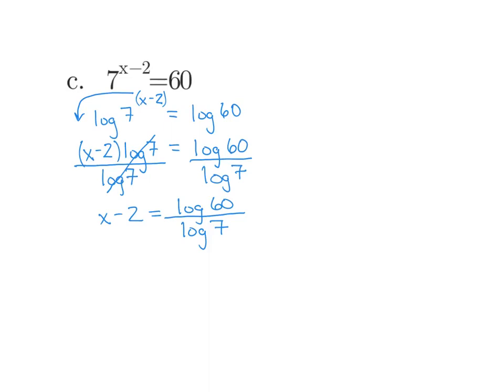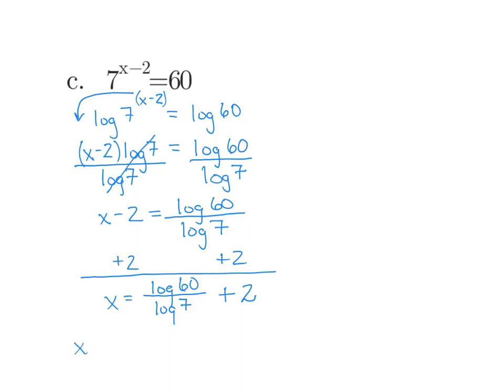From here, if you want to compute this first before continuing, you can do that. But I'm going to go ahead and just add 2 so that I have my exact answer. And it does look nasty. We get x equals log of 60 over log of 7, all of that plus 2. When we input this in our calculator, it should look something like this.